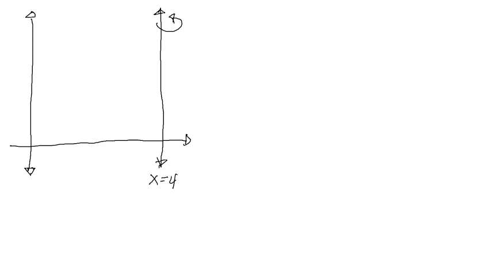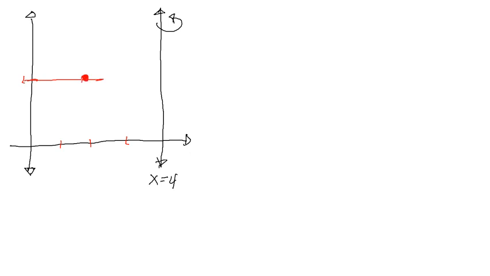We are given a parabola facing downward with vertex (2, 1). Imagine that this part here is 1, so this is the vertex. We need to get the area enclosed by the parabola and y equals 1.